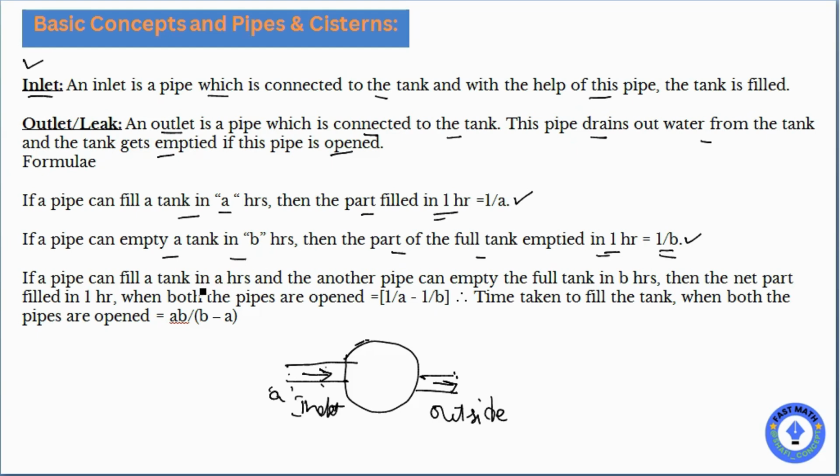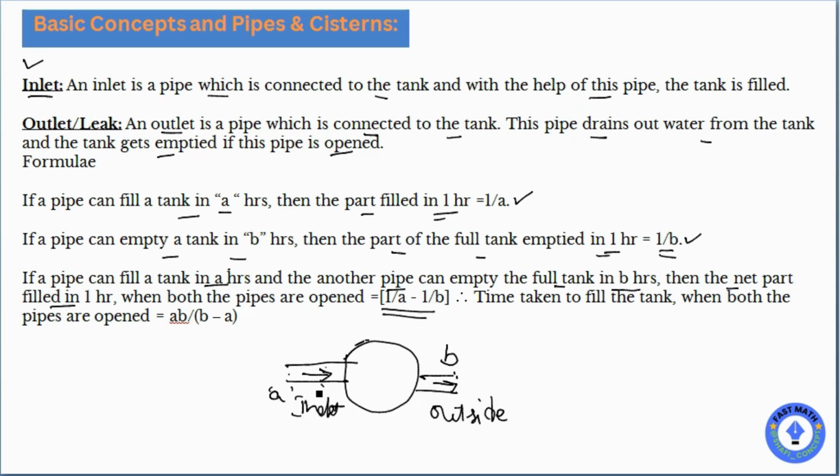Likewise, if a pipe is connected to this tank and fills the tank in A hours, and another pipe is emptying the tank in B hours, that means this is filling the tank in A hours. Likewise, this outlet is emptying the tank in B hours. Then the net part filled in 1 hour will be 1 by A minus 1 by B. Why?